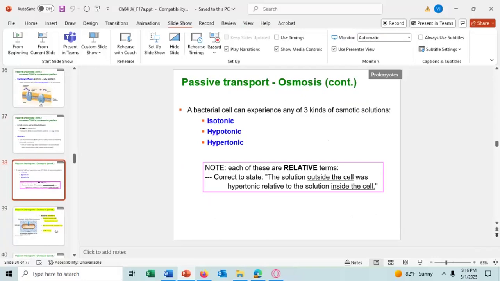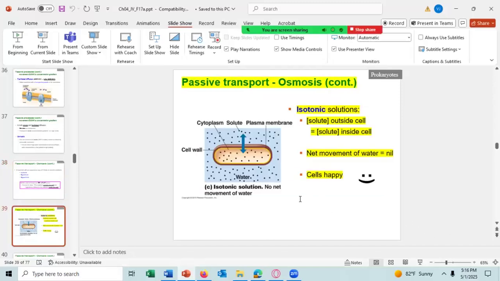Each of these terms is relative, so it's correct to say that the solution outside the cell is hypertonic relative to the solution inside the cell. The easiest one to discuss is isotonic, and that means that the concentration of solute outside the cell is equal to the concentration of solute inside the cell.